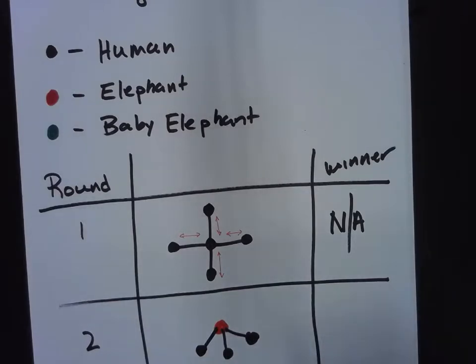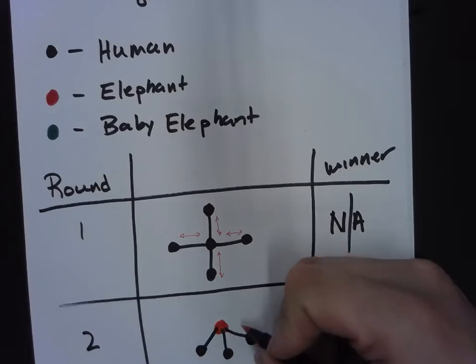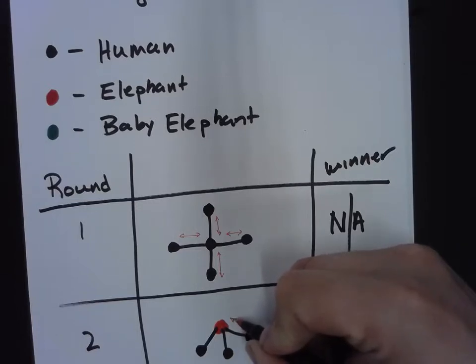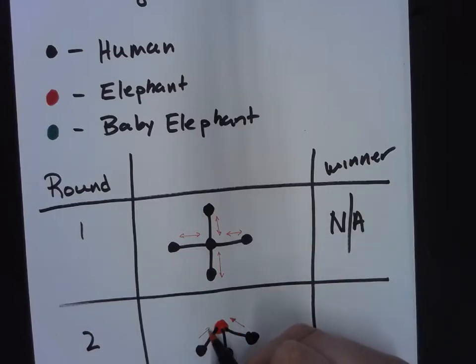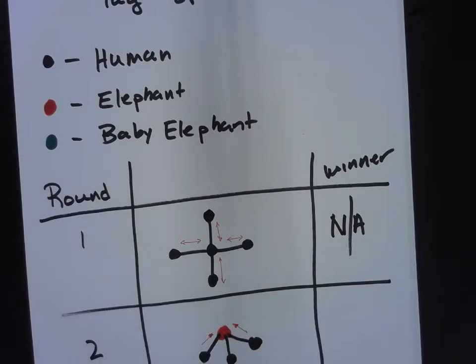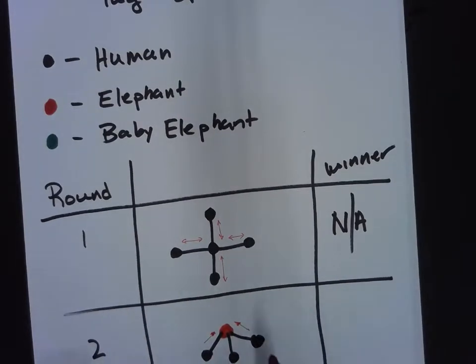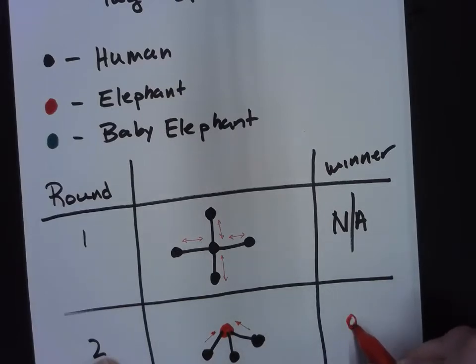And you got 3 humans with these little ropes trying to have a tug of war with him. Well, what's going to happen? What's going to happen is the elephant, no matter what, is going to win, right? The elephant's going to win, because the strength of the elephant is no match even for 3 humans. So the winner in this case is going to be the elephant.